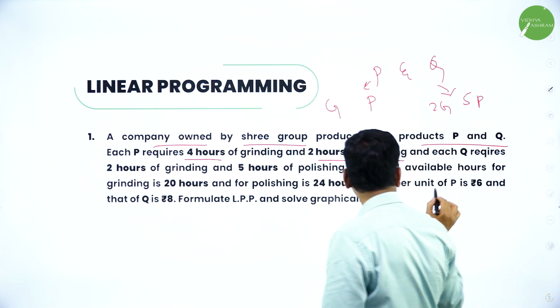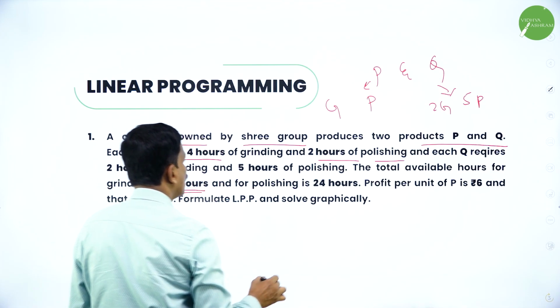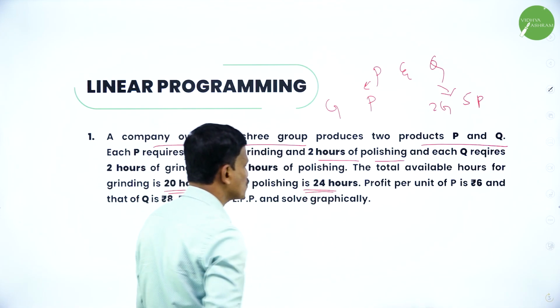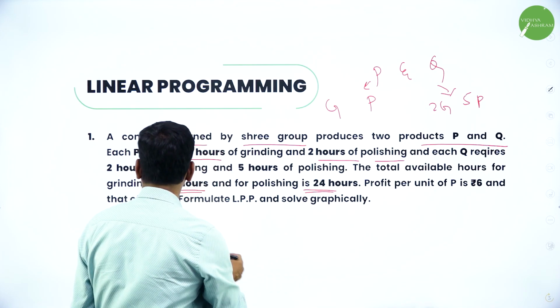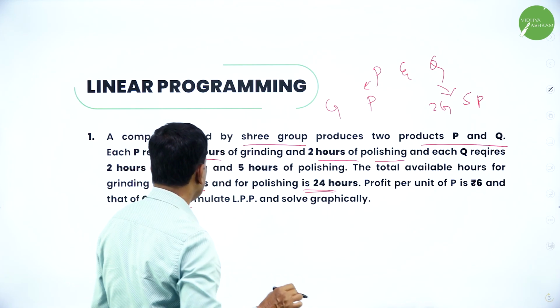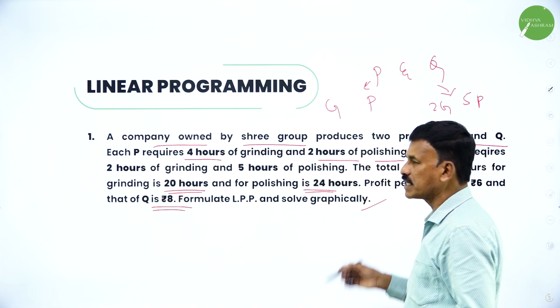The total available hours for grinding is 20 hours and for polishing it is 24 hours. Profit per unit of P is ₹6 and profit per unit of Q is ₹8. Formulate an LPP model and solve graphically.